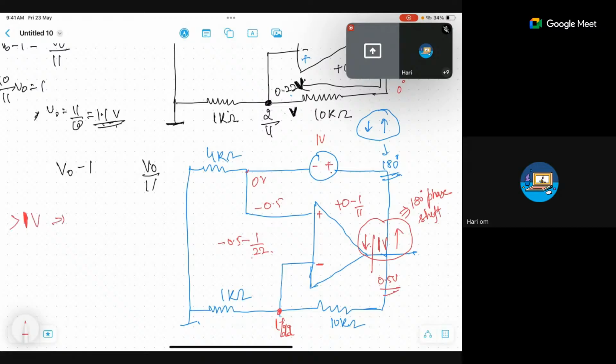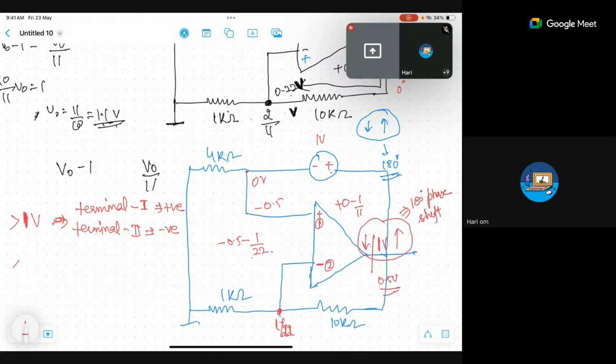Okay, so terminal 1 is positive and terminal 2 is negative.